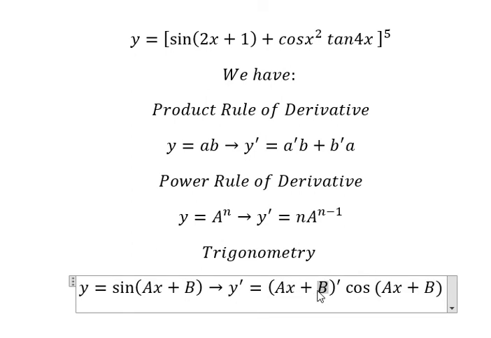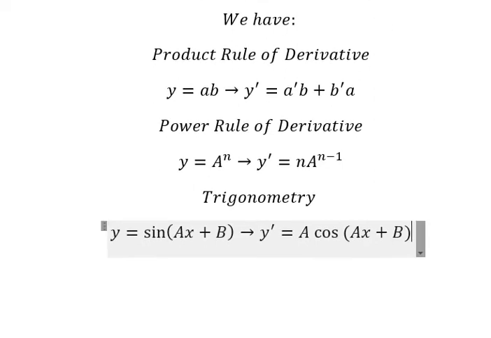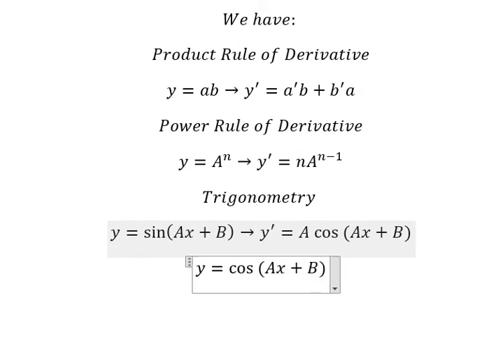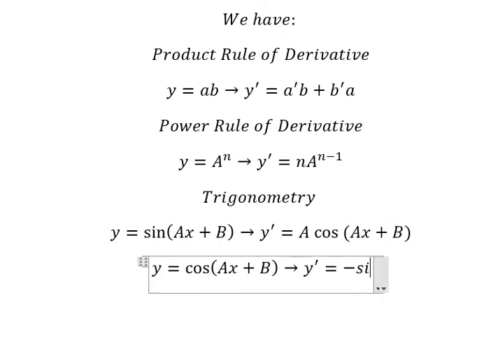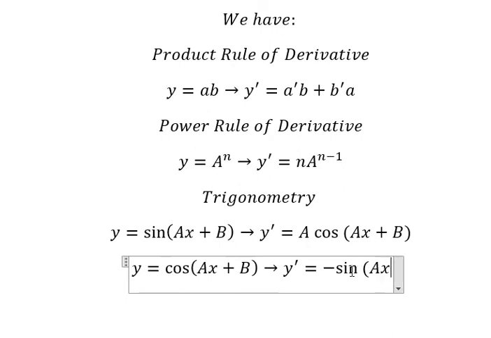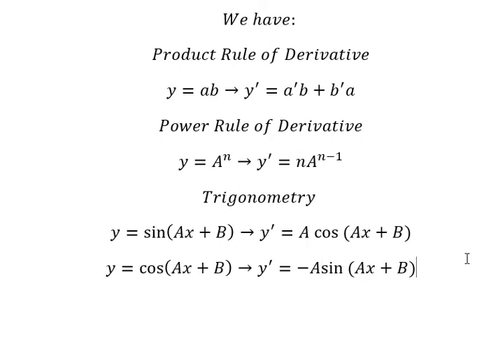This one, that is about the constant, so you get 0, so we have a. And the second one, for this one, first derivative of cosine, you have negative sine of ax plus b. And then we have a in here.